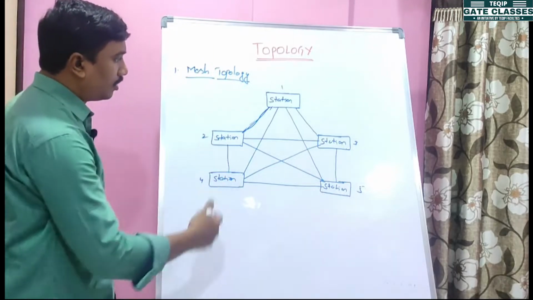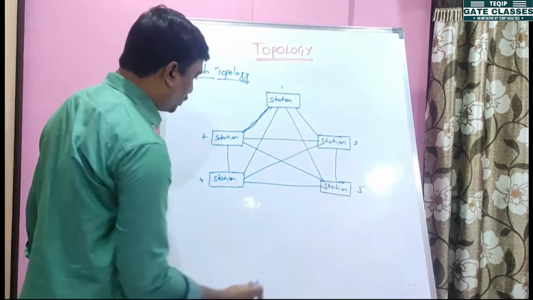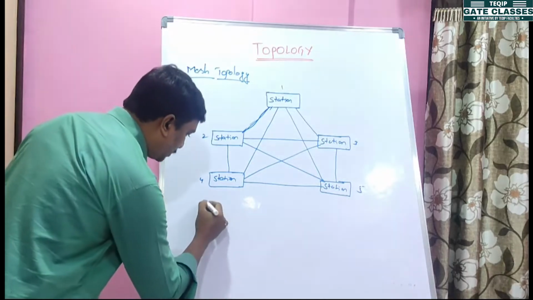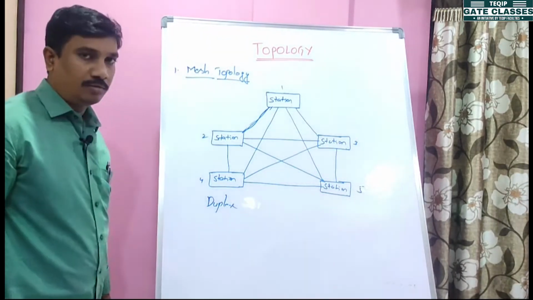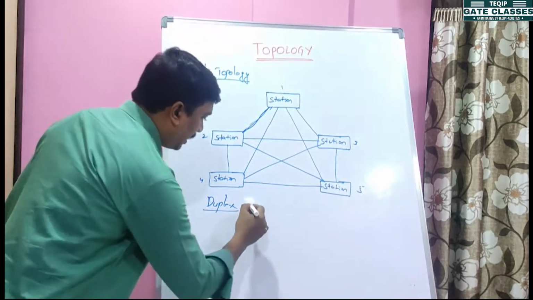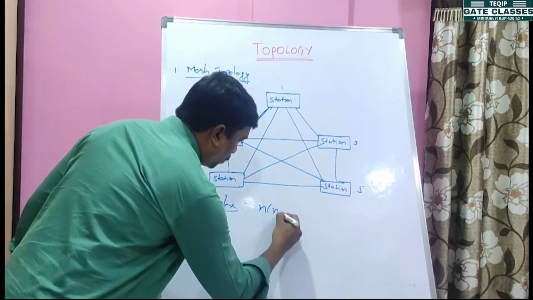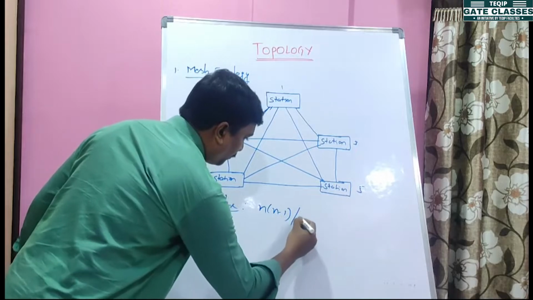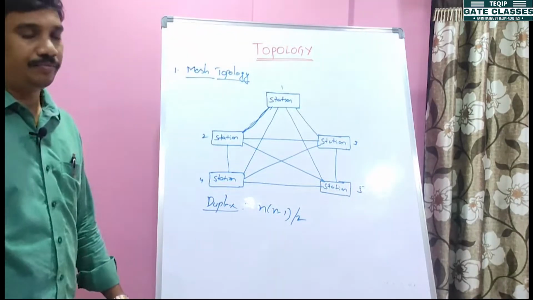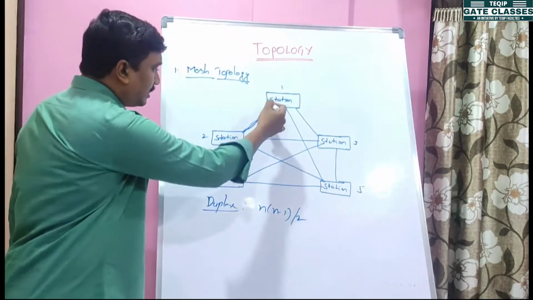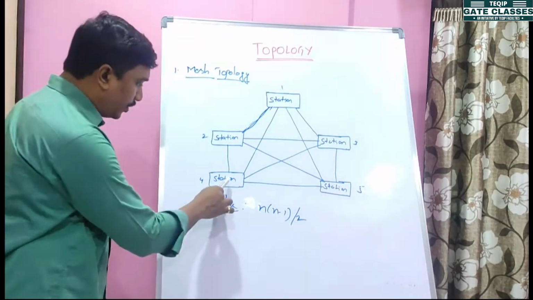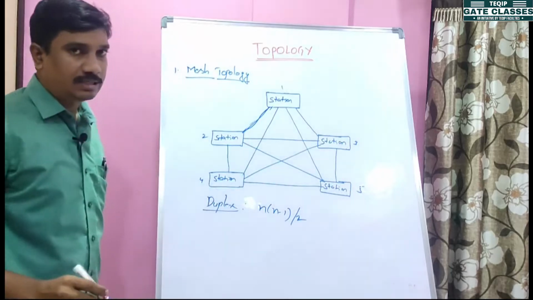Here, suppose I am using duplex mode. The formula for duplex mode is n into n minus 1 by 2 cables are required. Here n is 5, that is 5 nodes or 5 stations or 5 devices.